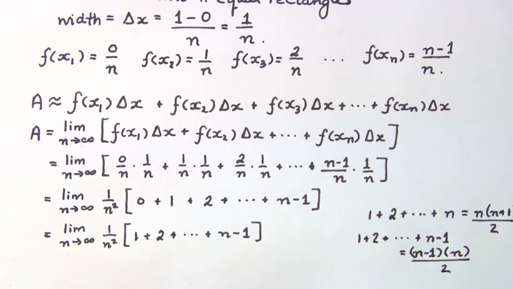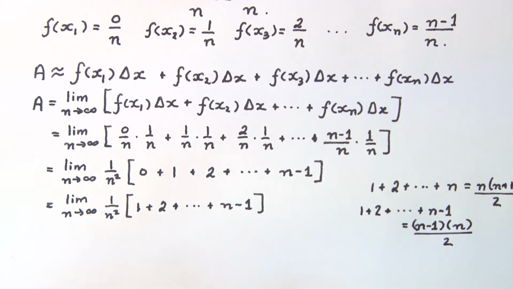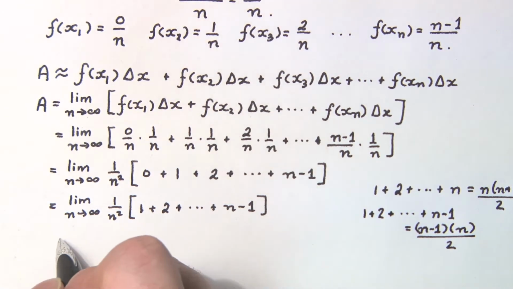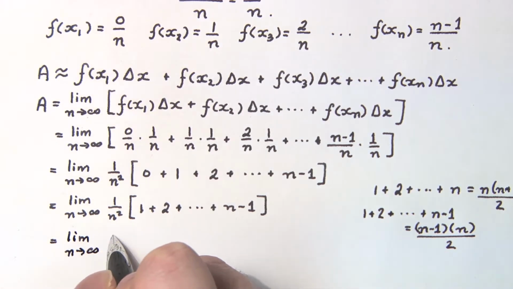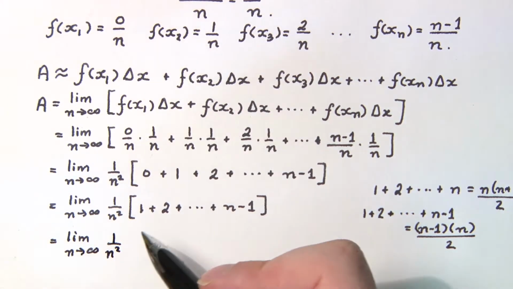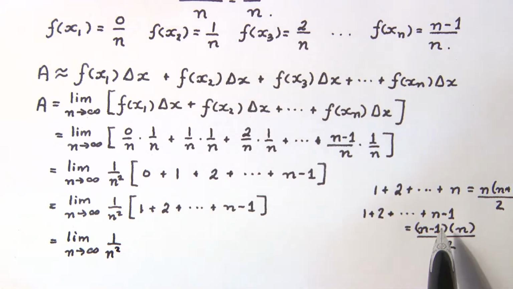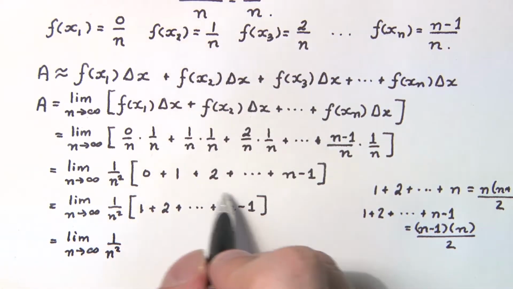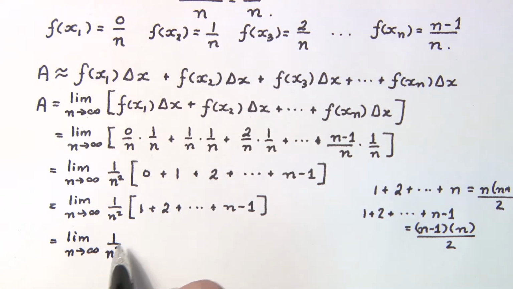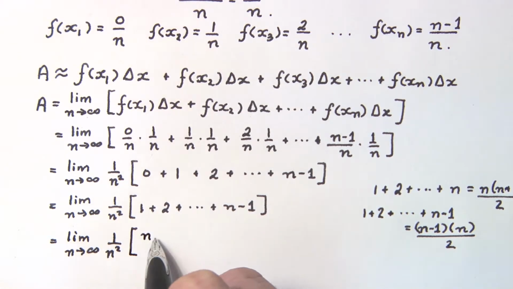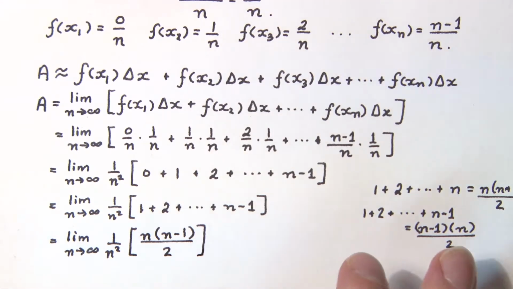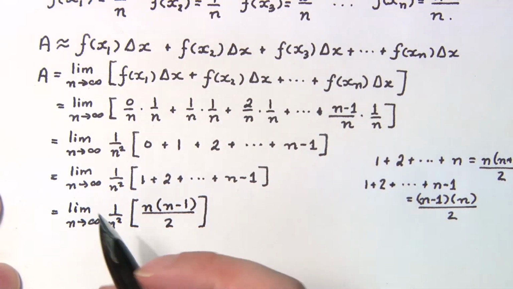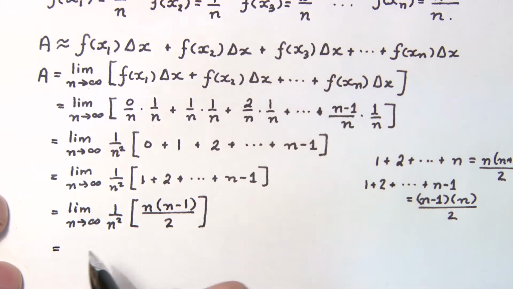Okay, so I can do the same thing here. The limit as n goes to infinity of 1 over n squared, and I can substitute that value in now for this summation here. So I have n times n minus 1 divided by 2. Starting to get a little bit more manageable.